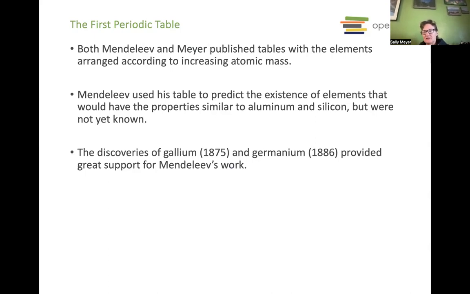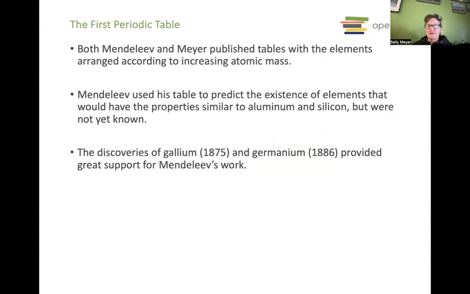At this time, we didn't even know of the existence of all the elements. The discoveries of gallium and germanium provided elements to go into the holes that Mendeleev knew existed.